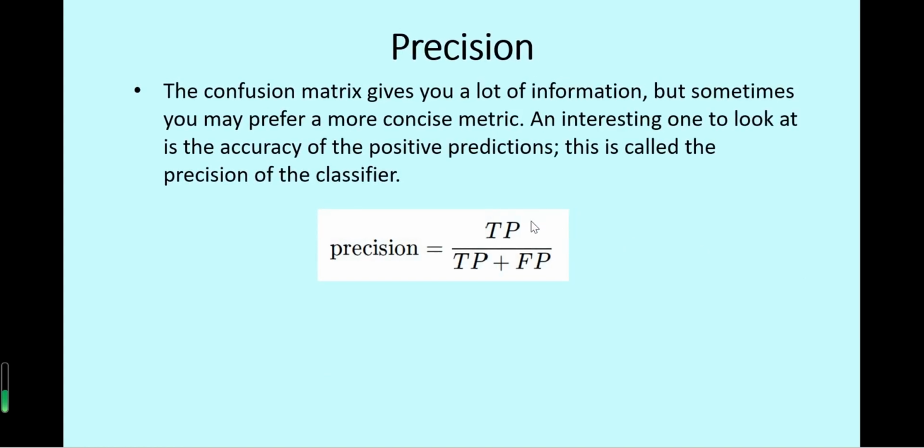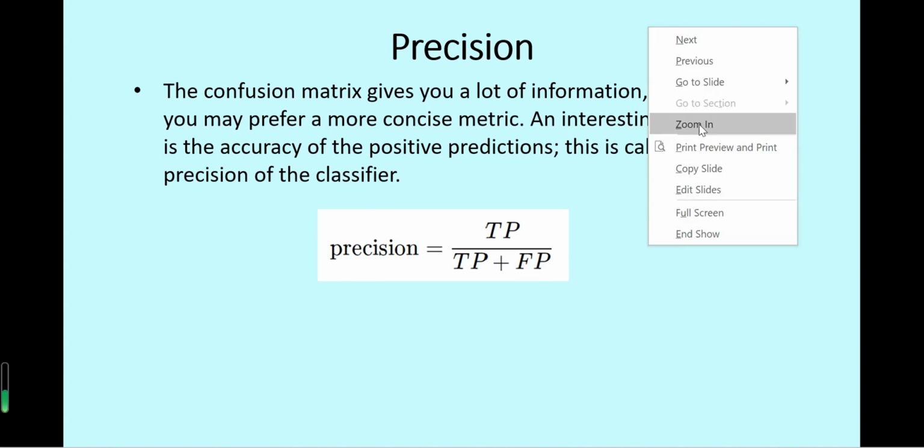The confusion matrix gives you a lot of information, but sometimes you may prefer a more concise metric. An interesting one to look at is the accuracy of the positive predictions. This is called the precision of the classifier. Precision is the true positive divided by the true positive plus false positive.